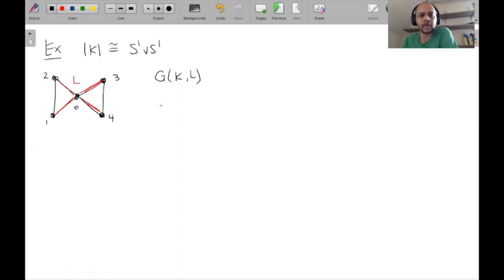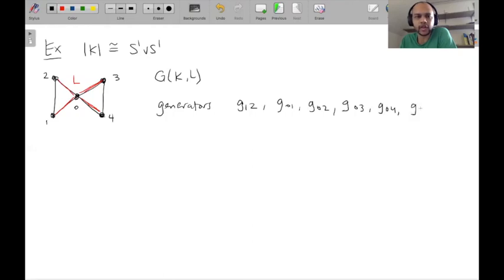So now we have generators. Well, let's just write them out. A lot of these we can already see are going to disappear according to our relations, but okay, here are the generators. And then we have relations.